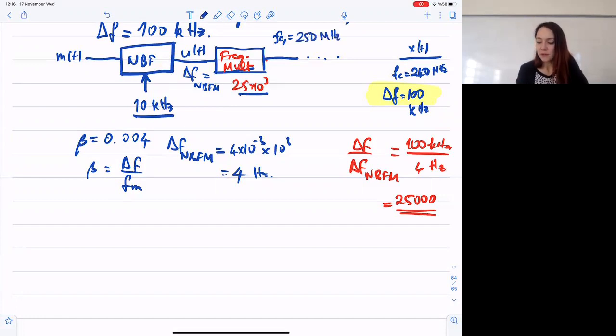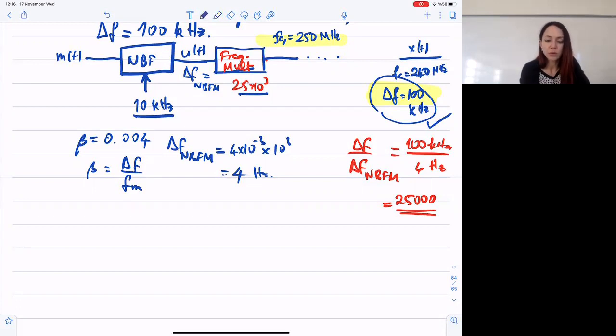And the delta F is at the desired value. Delta F has been fixed. However, FC has not been brought to the right location.